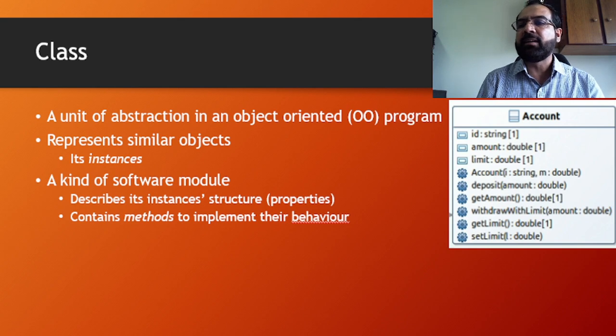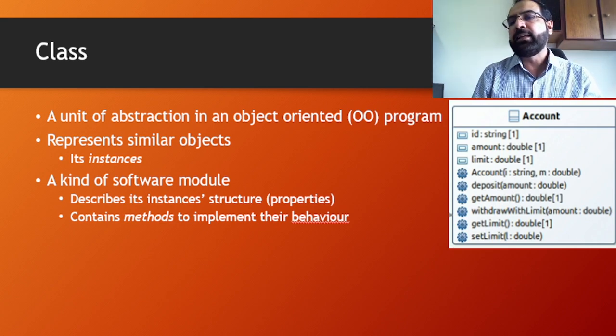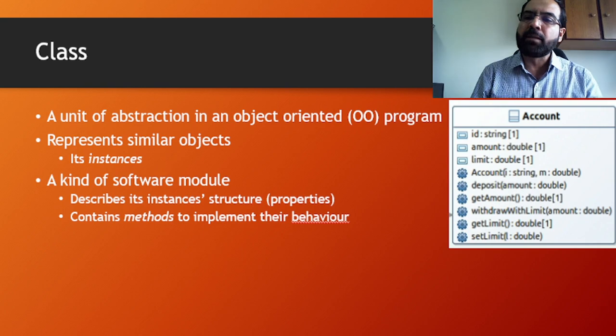If it is a class, there will be various accounts. Account is represented in terms of various attributes, which are the properties, and the various methods, which are the behaviors or functions associated with the account.